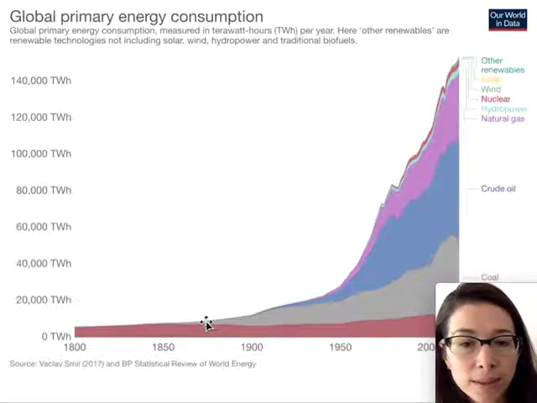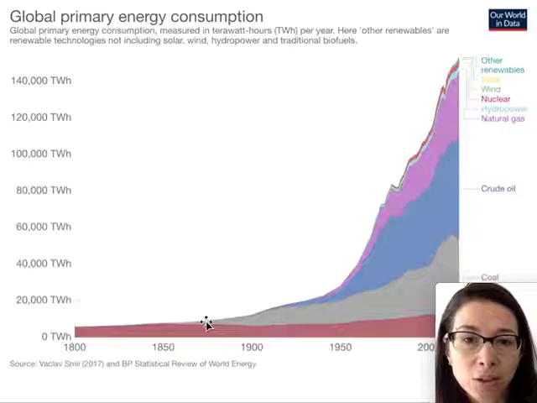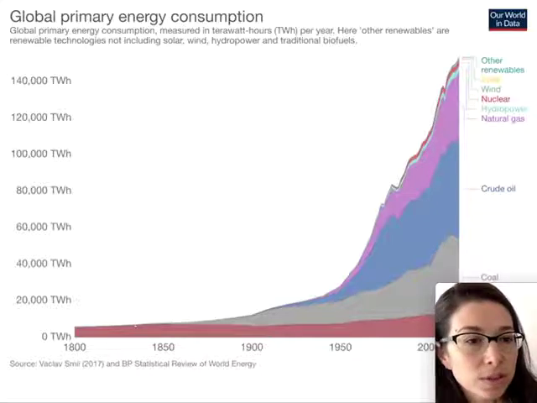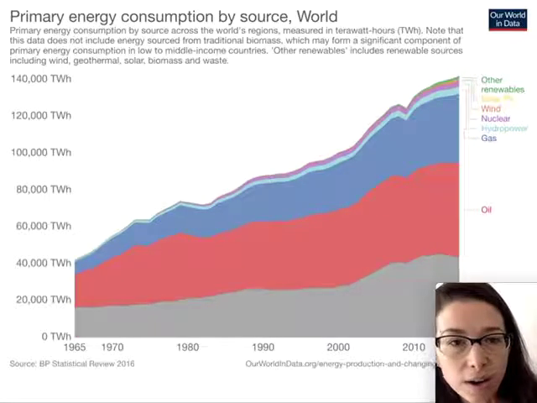A little bit later, people started using crude oil and natural gas, and more recently, we have started utilizing renewable sources of generating electricity, such as solar power and wind, and hydroelectric, which is a very important, pretty widespread manner of generating electricity. So let's look at another graph.